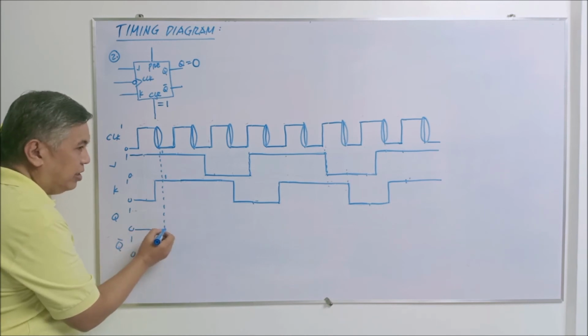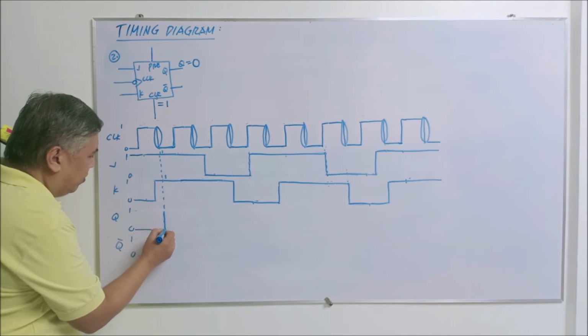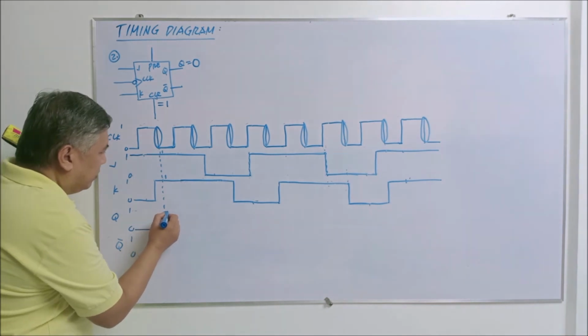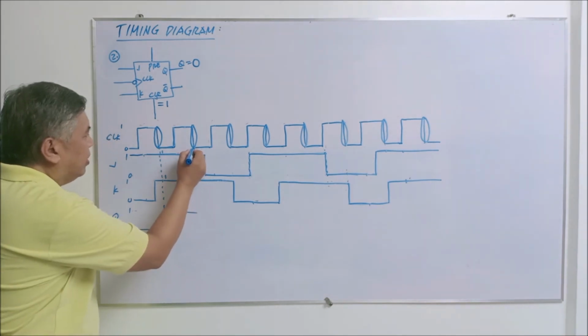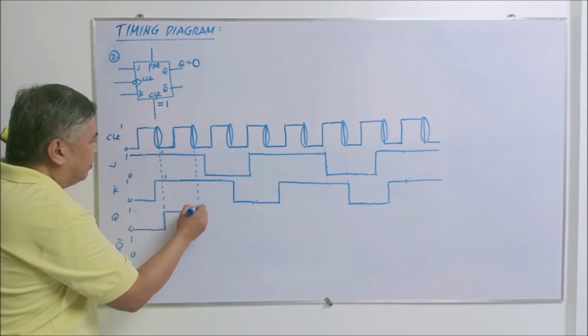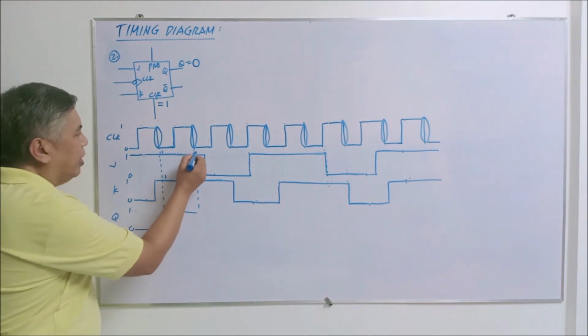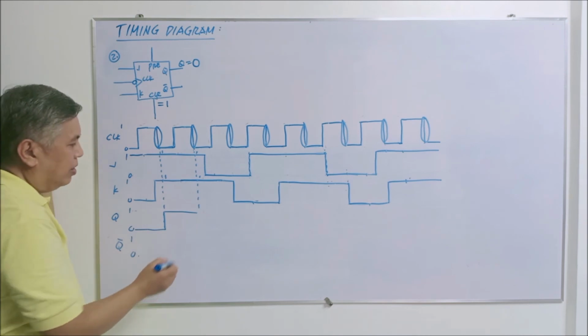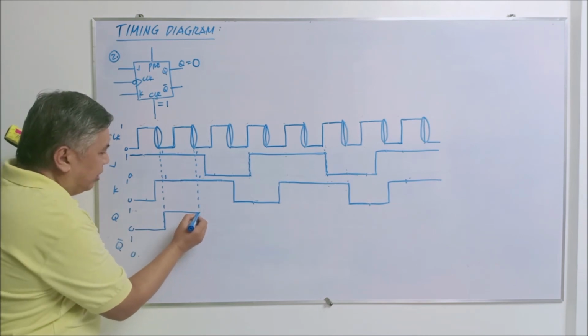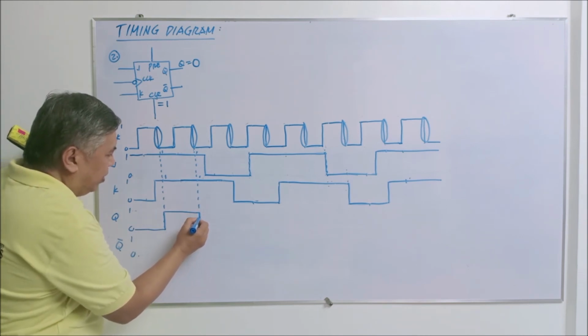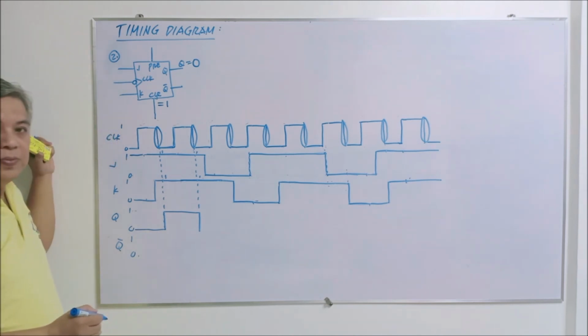So since the last state is 0, it becomes 1. Okay? Then you have negative edge triggering. Then both again are 1, toggle. That means that the last state is 1. We invert that, it becomes 0.